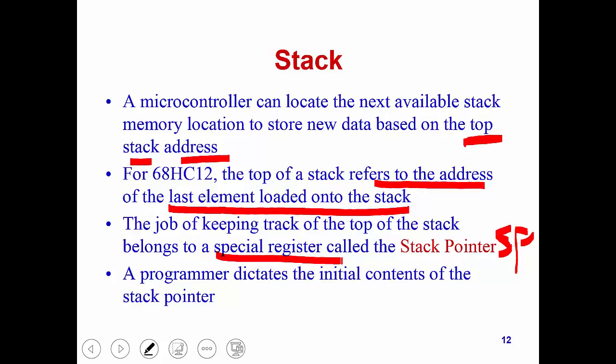When you load a new value, the top address becomes smaller, and the stack pointer points to the top one. When you remove some values from the stack, the top address becomes higher, coming down. So the stack pointer always points to the top of stack.